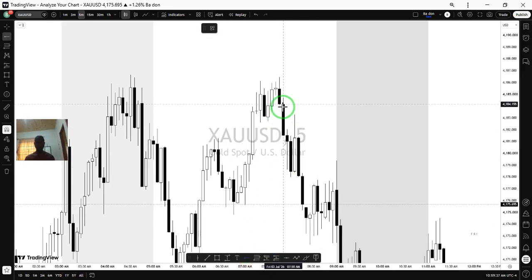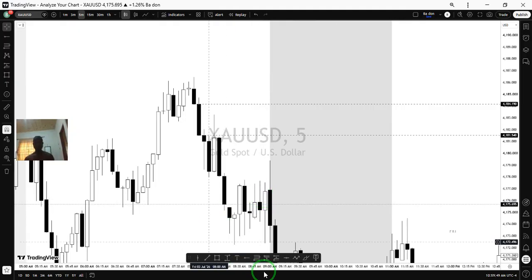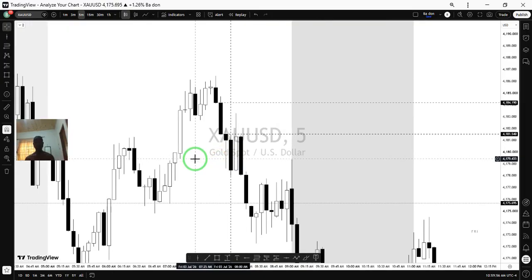You see how this candle, this is our first POI and this is the second POI, right? So we indicate the time right here. So if this one doesn't work out, we are anticipating this one. So we go back to the 1 minute time frame.